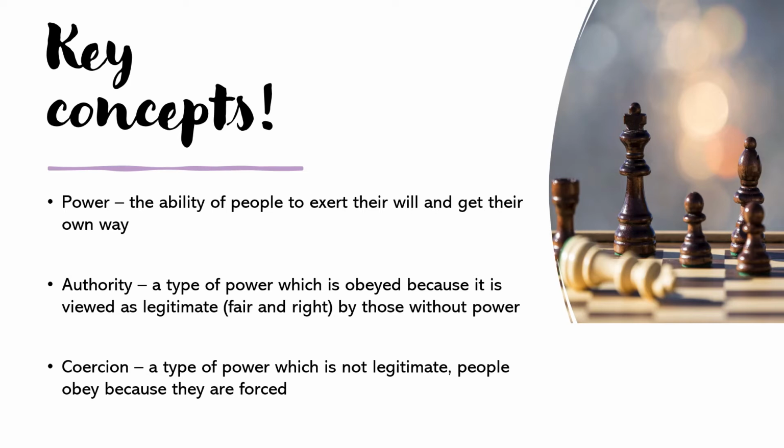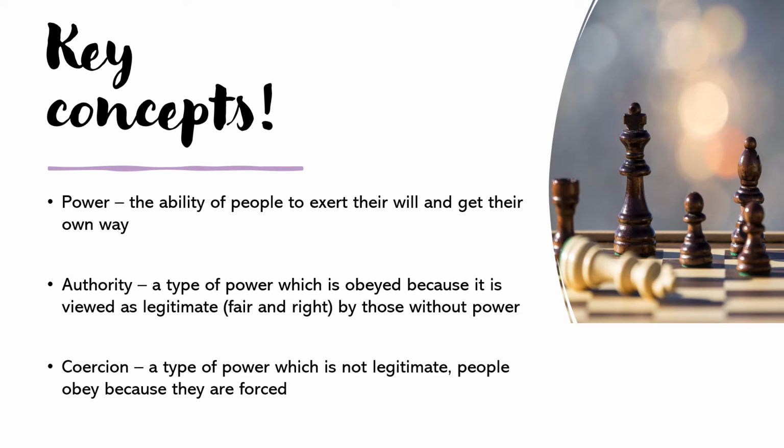Authority is power that you have because people view it as fair and right that you have that power. So if it's legitimate power, it's authority. For example, a teacher might have authority over a student because the student accepts that it's right to do what the teacher tells them to do.